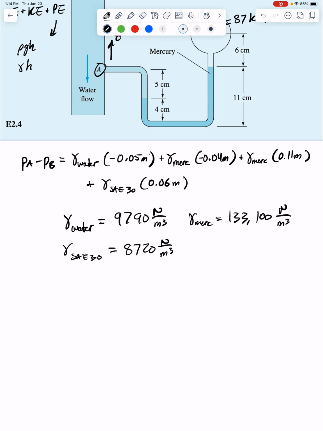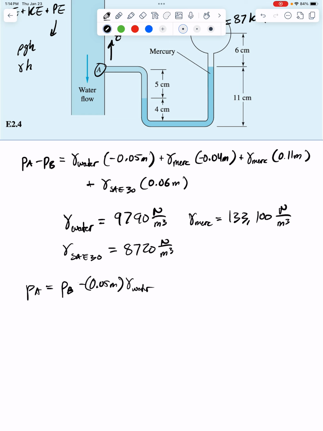So once again, we have PB, we need to find PA. Let's isolate and solve. So PB minus 0.05 meters times the specific weight of water.